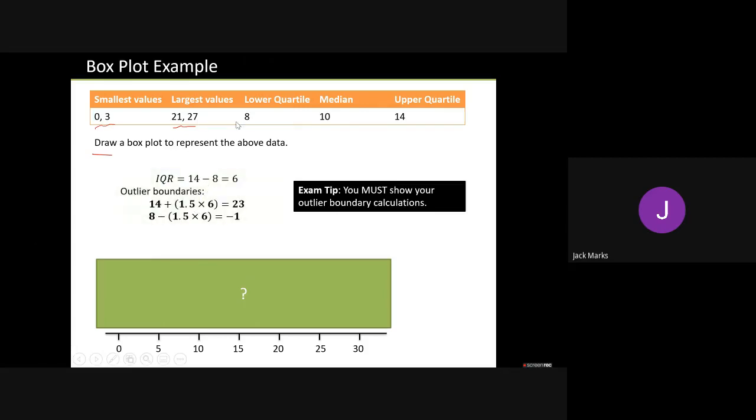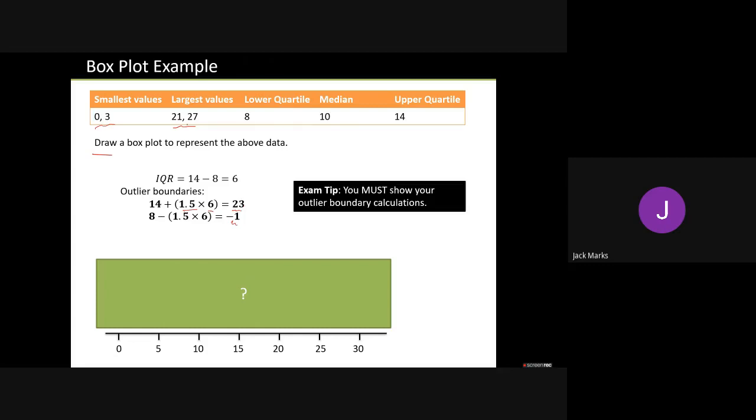Well, the lower quartile and the upper quartile give us the interquartile range of 6. And if we use our standard definition of 1.5 times the interquartile range, we could introduce boundaries, and we could say anything greater than 23, anything less than -1 would be an outlier.